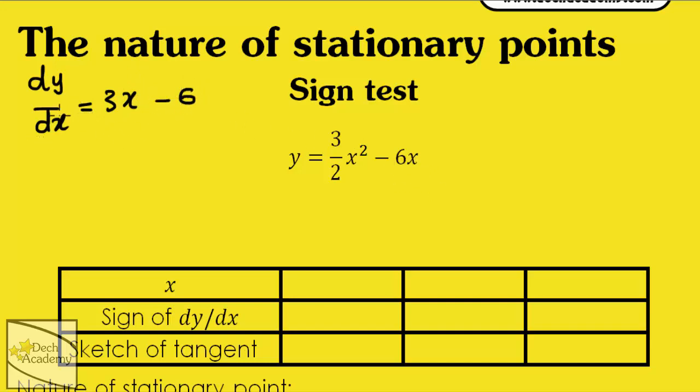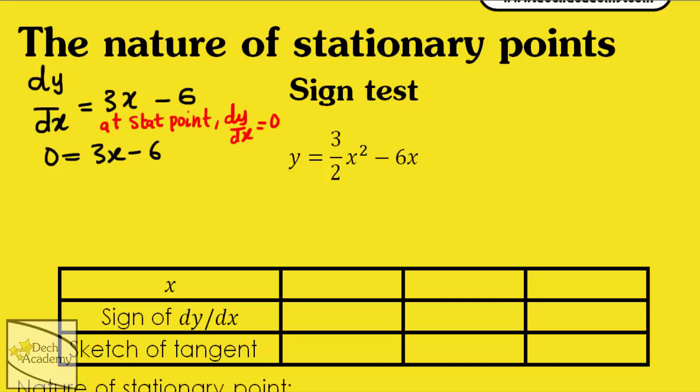To determine the stationary point, we have to set dy dx to 0, so 0 is equal to 3x minus 6. At the stationary point, dy dx is equal to 0.